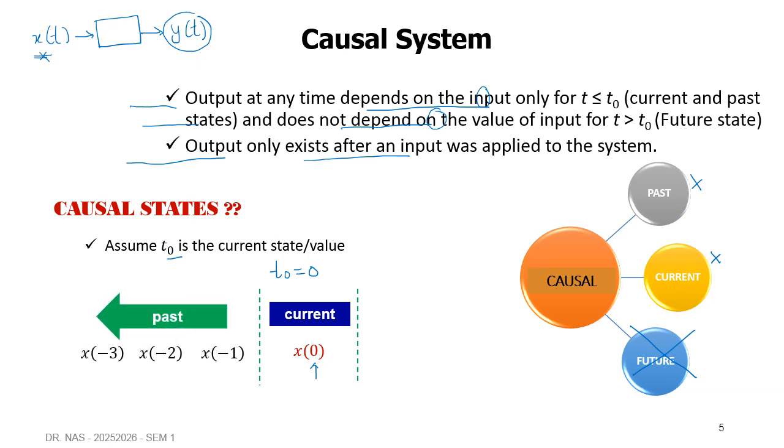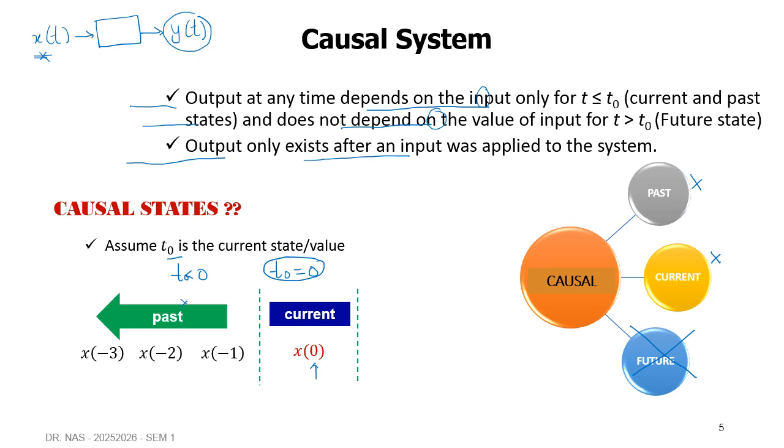Okay, what is the past state or the previous state? When your t is less than 0, this is the current state. So the past or the previous state happens when t is less than 0.